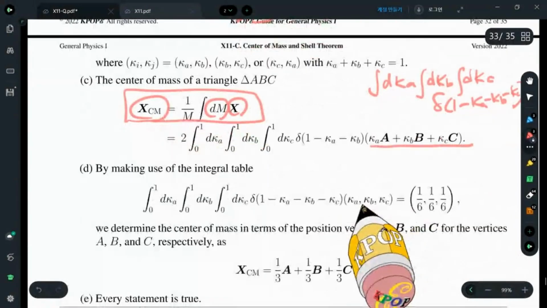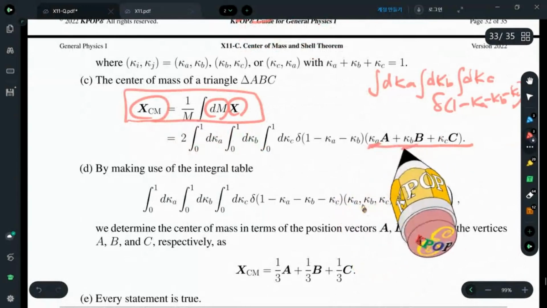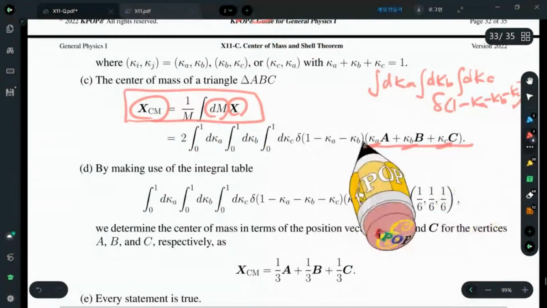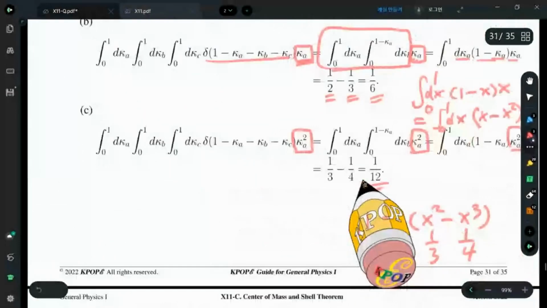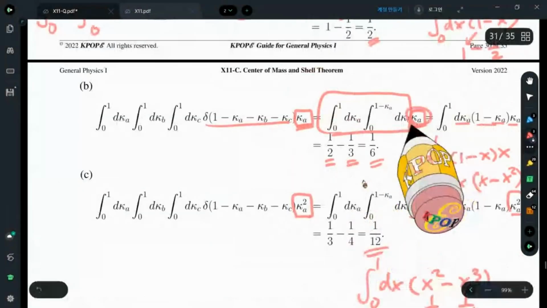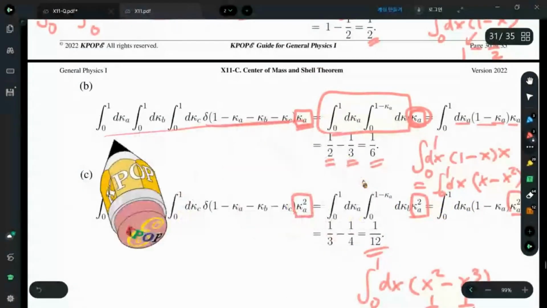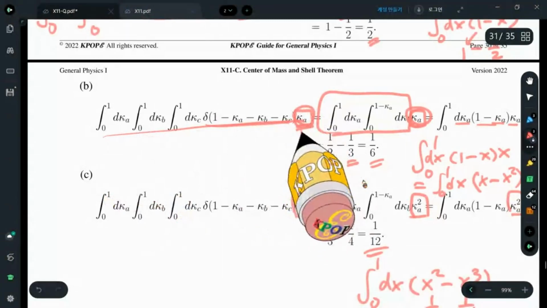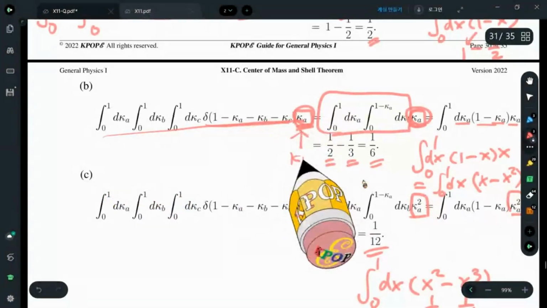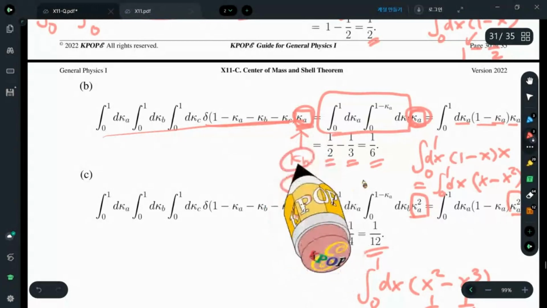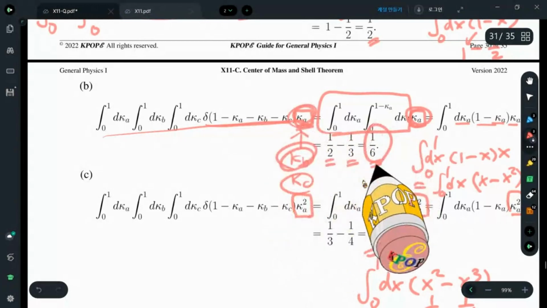Now, we have the integral table. This single power integral, what was that? This three-dimensional integral with kappa A, you can find the same result for kappa A, kappa B, and kappa C. A single power will give 1/6.